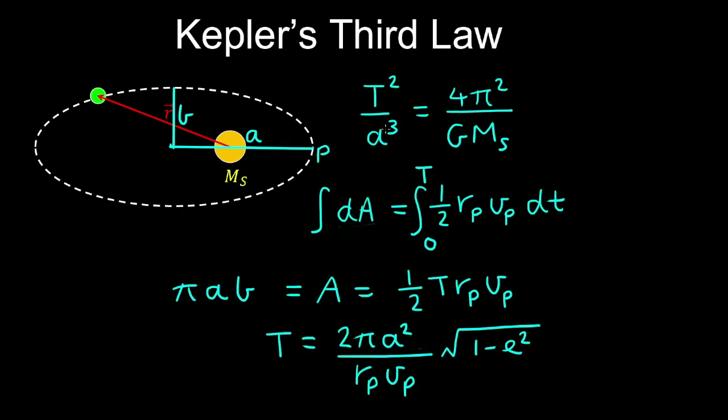Now what we want to do is get G multiplied by the mass of the Sun into this equation. So recall when we derived Kepler's first law, we had the eccentricity of the orbit was the distance to perihelion by the speed at perihelion squared on the universal gravitational constant by the mass of the Sun, minus 1. And we also had a relationship between the major axes and the radial distance to perihelion.